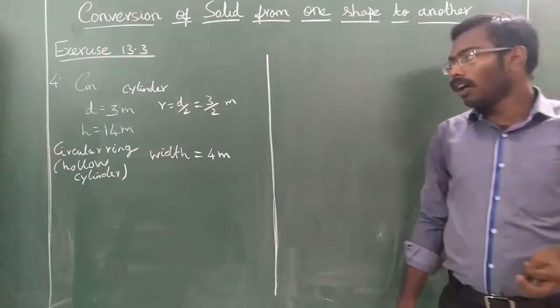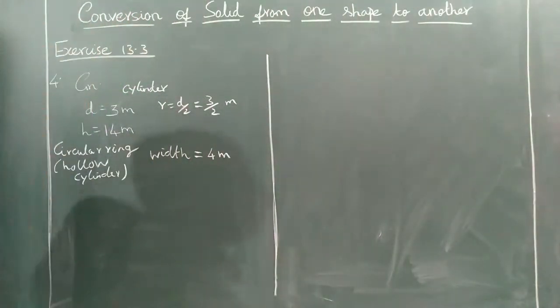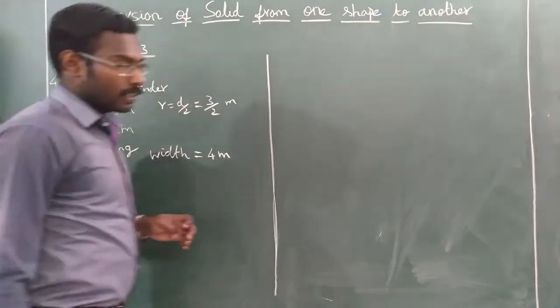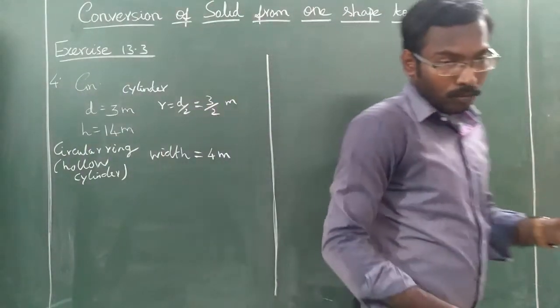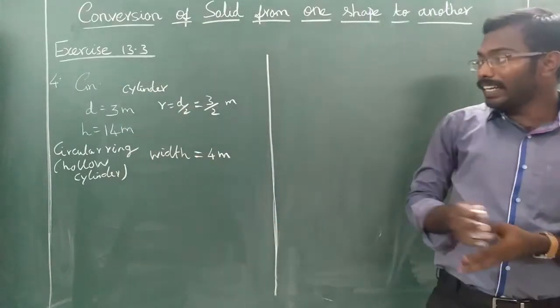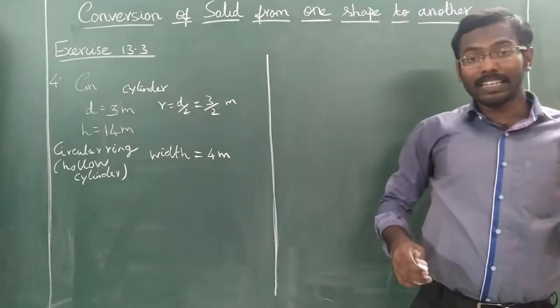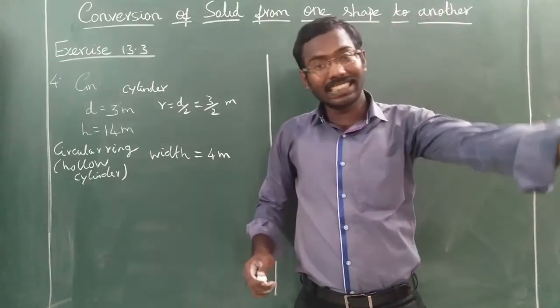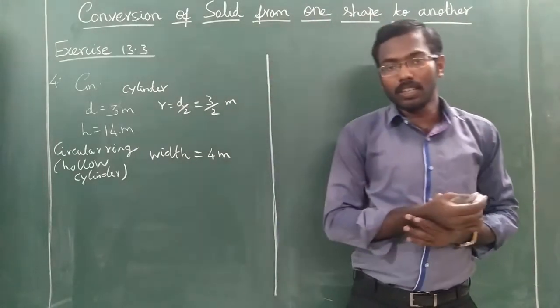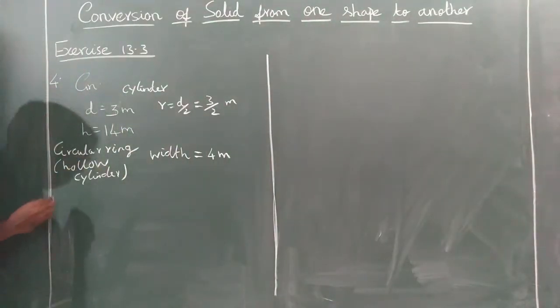Okay. So now we are dealing with conversion of solid from one shape to another. So the concept is the same volume is converted from one shape into another. Here a well is converted to an embankment. That is, a cylinder is converted to a hollow cylinder. So first you have to equate according to the question.